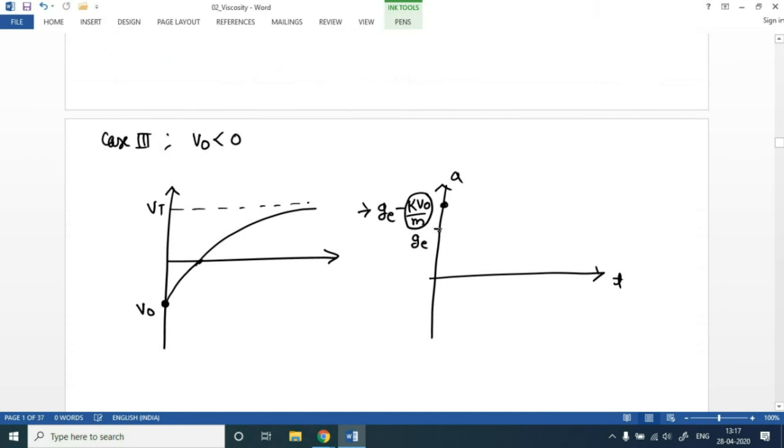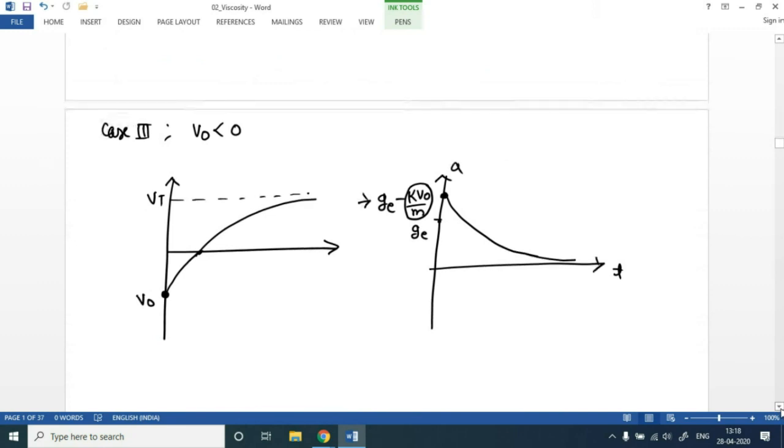So the acceleration would be greater than the effective gravitational acceleration over here. But it will start decreasing, and after a long time the net force acting on the body will become equal to 0 when the velocity reaches its terminal value, and its acceleration will become 0 as well. So that is one of the ideas.